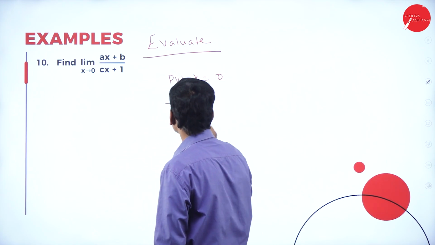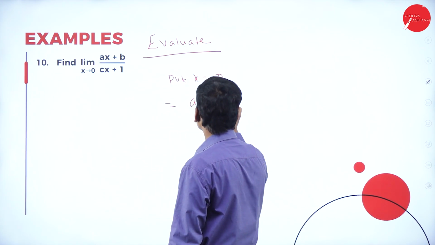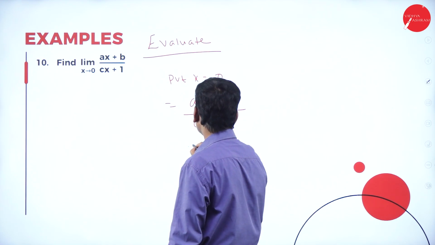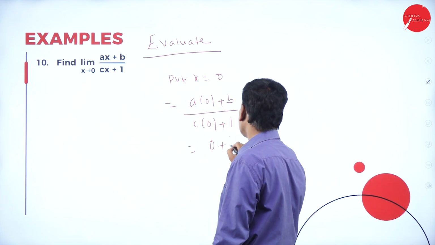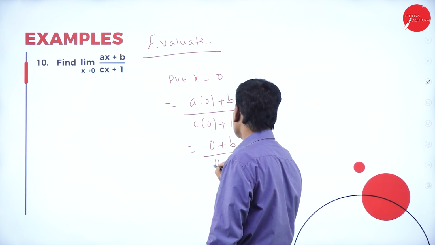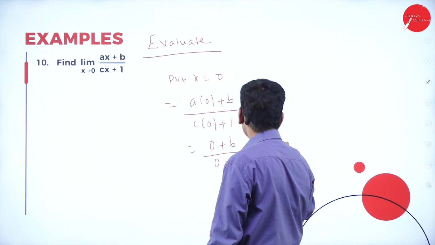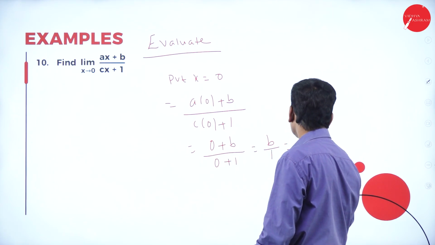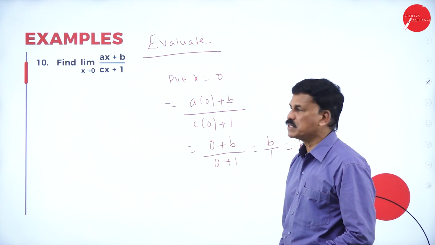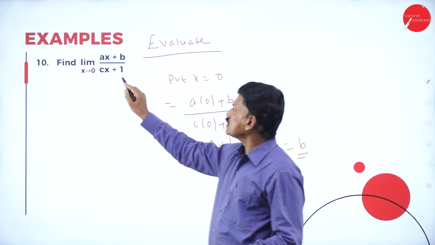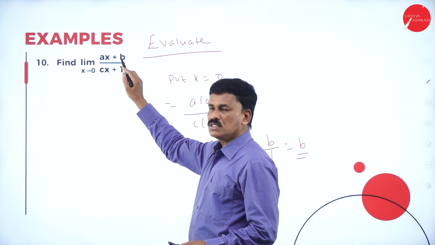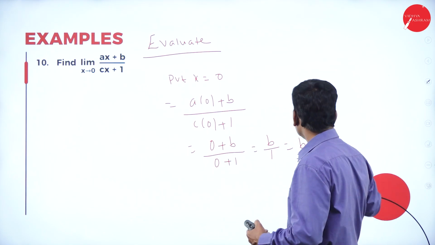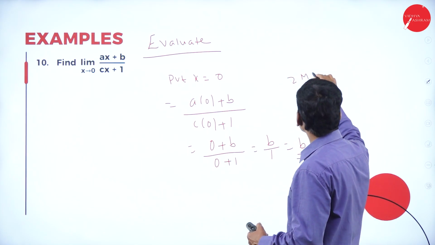If you put x equal to 0, a into 0 plus b divided by c into 0 plus 1. a into 0 is 0, plus b, divided by c into 0 is 0, plus 1. 0 plus b is b, 0 plus 1 is 1, b by 1 is equal to b. The simplified answer is b, that's all. See, if you put x equal to 0, this becomes b by 1, that's nothing but b, that's it. This is a 2 marks question, very simple for 2 marks.